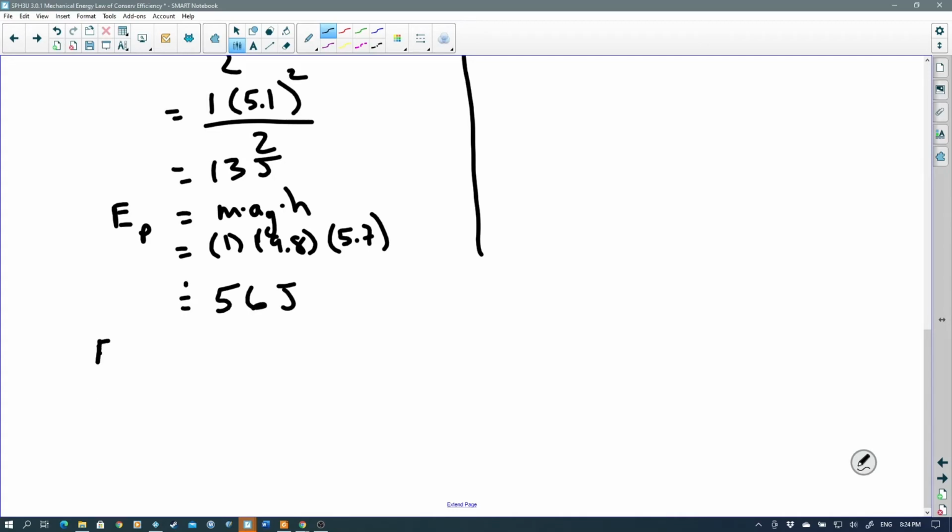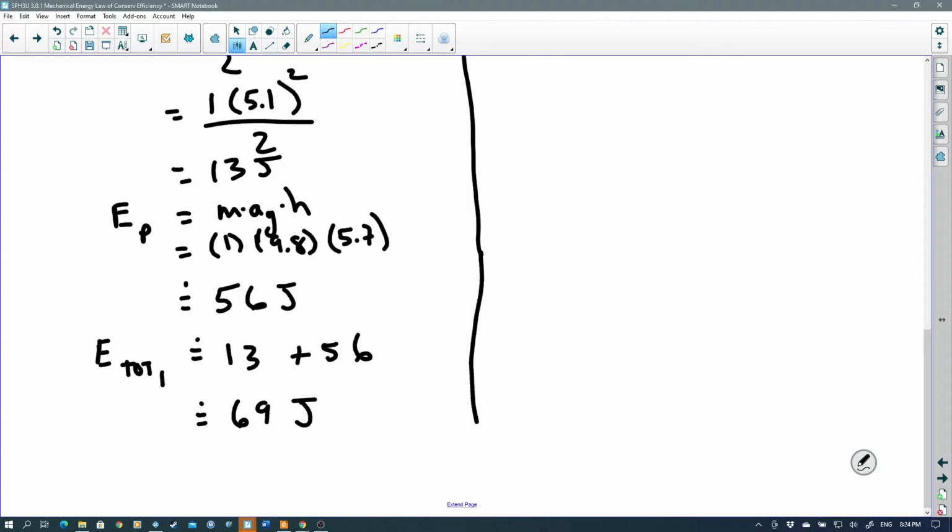So our total energy at the top, so we'll call that E total 1, is equal to the sum of those two. So 13 plus 56, and that's going to be an approximation, is 69 joules of energy at the top of the falls. Okay?